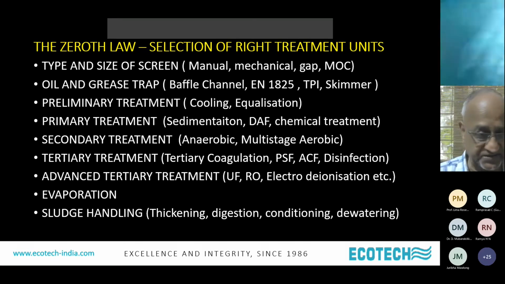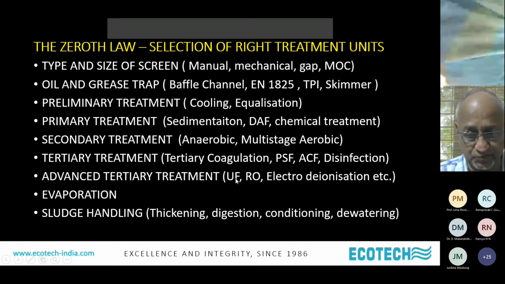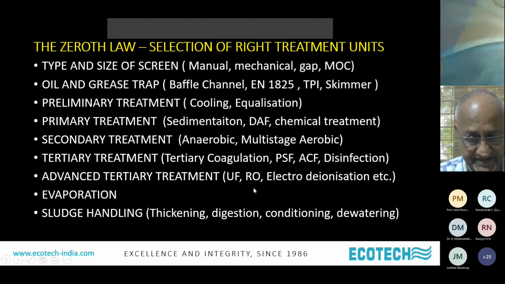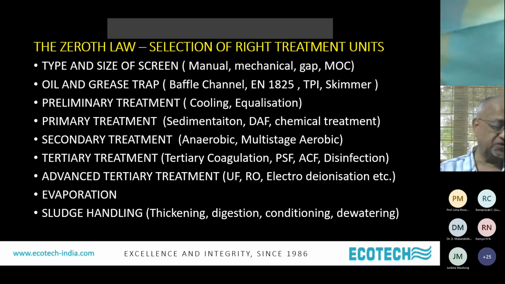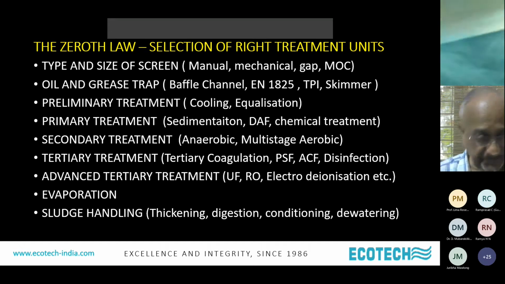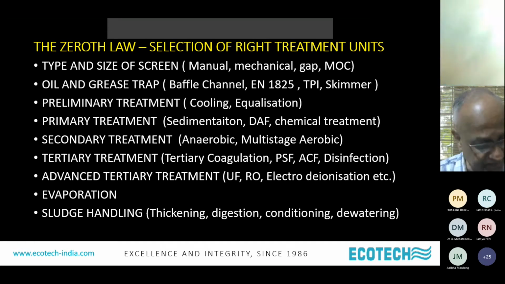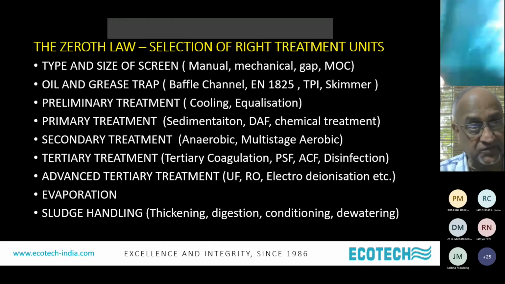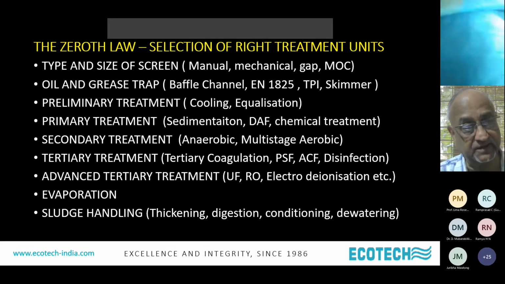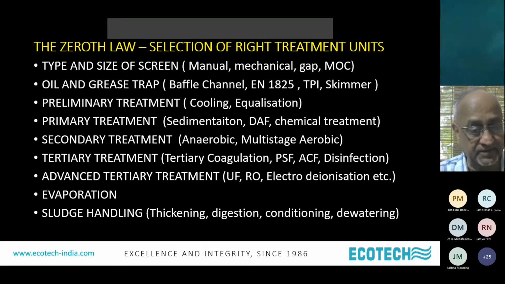Electro deionization. And finally, evaporation. When you do RO and other things, you will have a lot of reject water, very high in TDS, which normally you will not be able to dispose of by other methods. You may have to go for evaporation. Typically, multiple effect evaporation is generally used, which is extremely energy efficient evaporation.